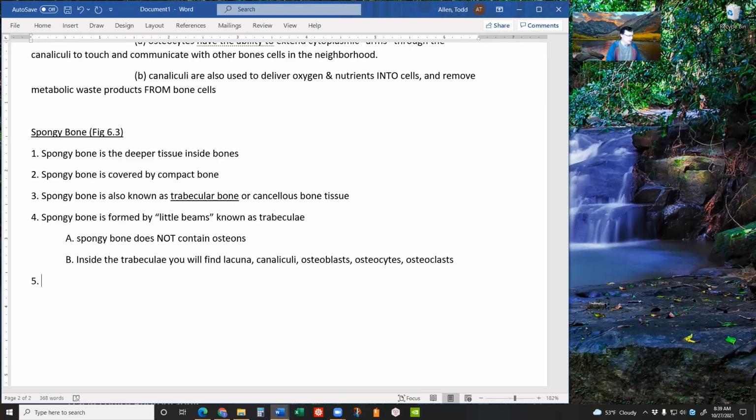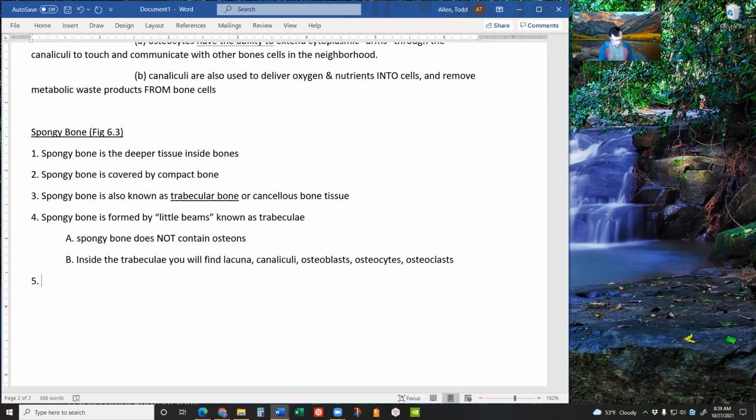Also, if you glance your eyes at the spongy bone again, you'll notice that there's a lot more openness to the spongy bone. There's a lot of space in between the trabeculae, right? When you look at compact bone, you really don't see a lot of space because you have one ring of lamella on top of another ring of lamella, and there's just not a lot of open airiness between those rings. But in the spongy bone, you see more openness, and that is useful.